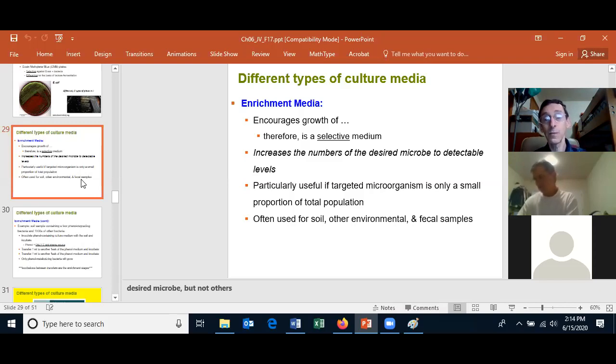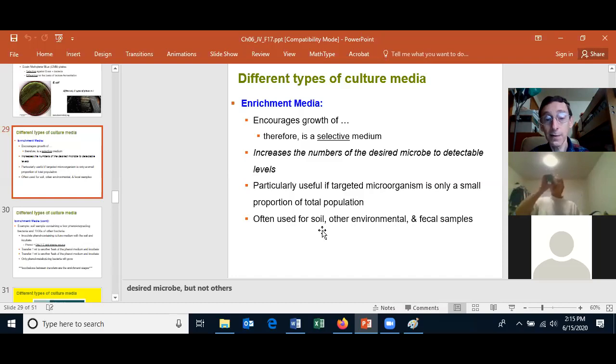And generally, when we're looking at a human pathogen, at least in the mouth or the gastrointestinal system, the pathogen could be at low numbers, and then to find it would be very hard. The same thing if you're looking for a soil bacteria.